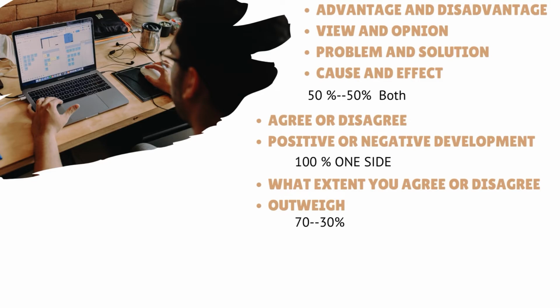How can you write in 70-30 proportion? If in the question you agree more than you disagree, then you have to write 70% about the agreement and 30% about the disagreement. And in the case of outweigh, if you think that the advantages are more than the disadvantages, then you have to write 70% about the advantages and 30% about the disadvantages.